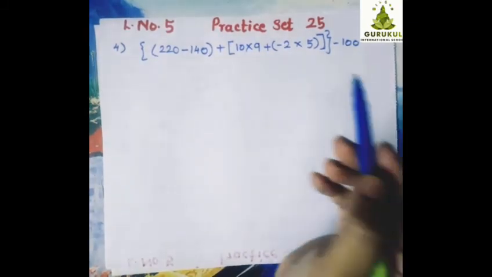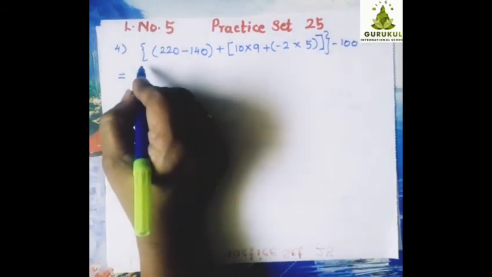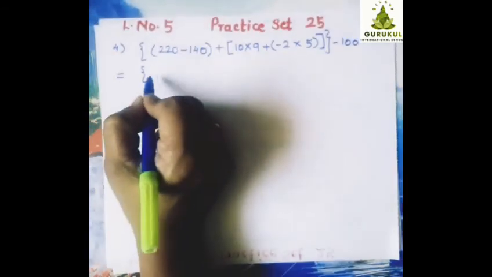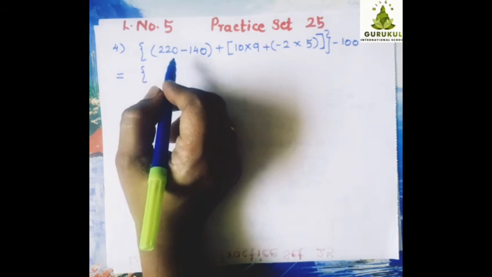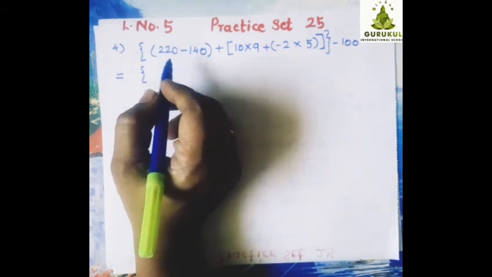To solve this sum, let us first solve the brackets. We will write the curly bracket as it is, 220 minus 140. What will it come to over here? 80.